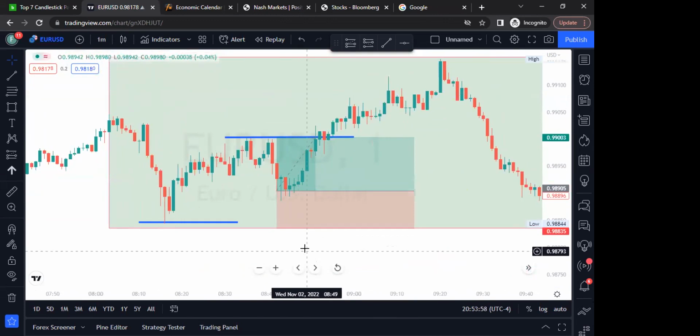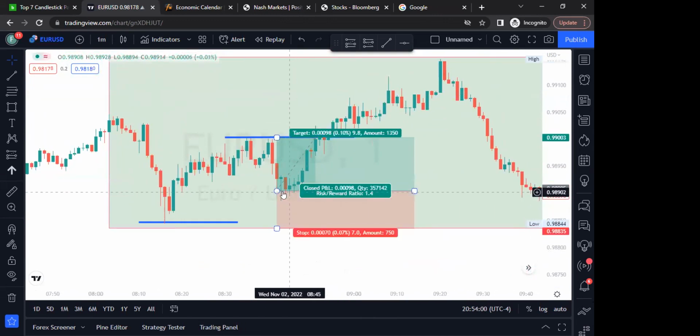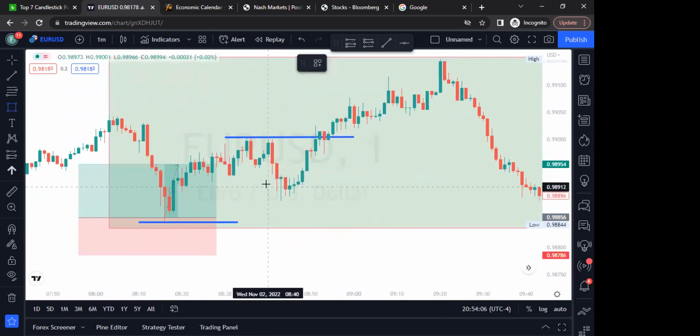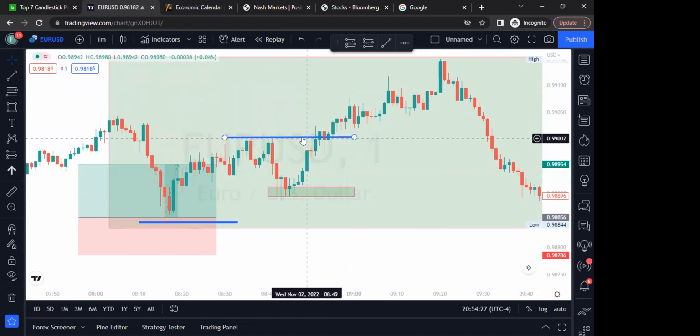Well, basically, what would initiate my bias, as you can see, let me move this out the way really quickly. We have equal lows pretty much, right? Like I said, I love to place my trades off of the reactions of price. So once I see price start breaking upward, I would target an equal high, because this is literally what price does day in and day out. It always targets equal highs and lows.